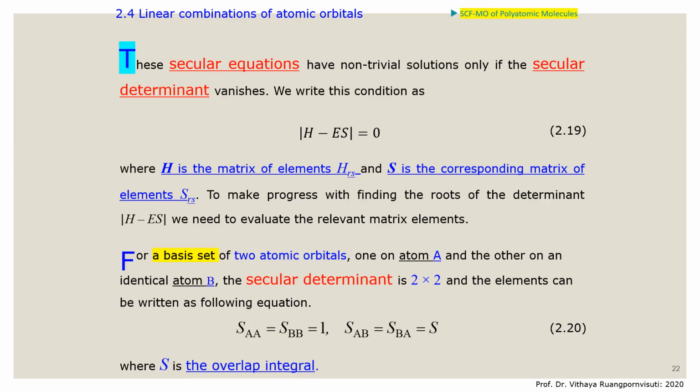We write this condition as equation 2.19: the determinant of H minus ES is equal to 0, where H is the matrix of elements H subscript rs, and S is the corresponding matrix of elements S subscript rs.